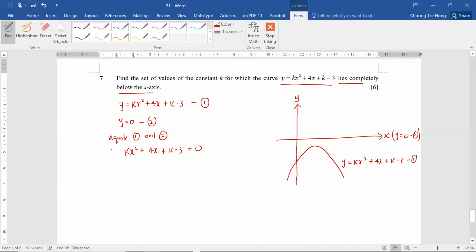So if y equals kx squared plus 4x plus k minus 3 lies completely below the x-axis, then the equation kx squared plus 4x plus k minus 3 equals 0 has no real roots.